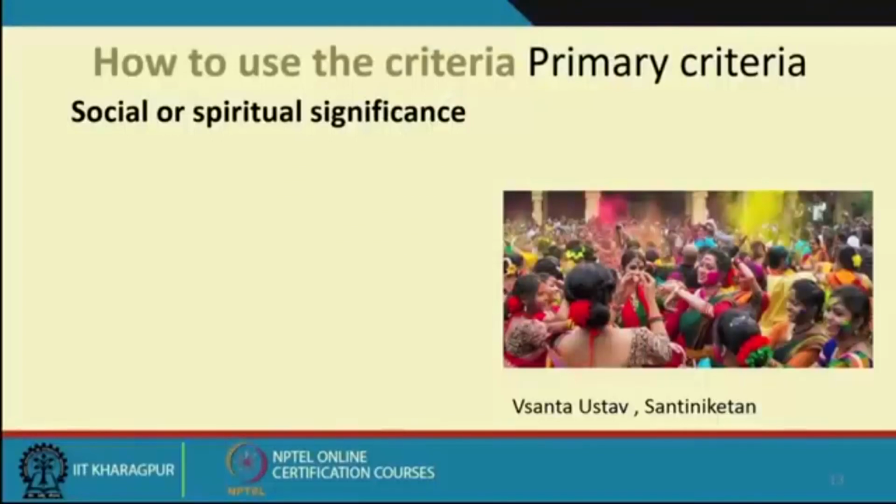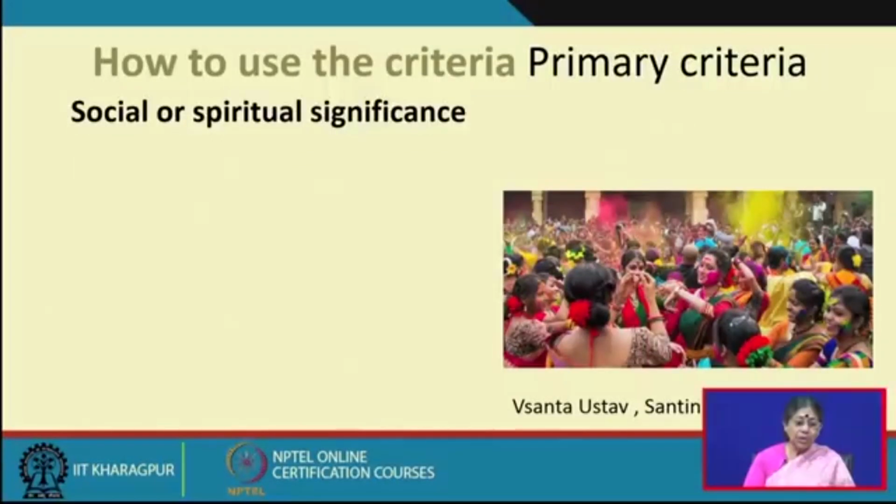We come to the next broad aspect, which is the social or the spiritual significance. I am going back to Shantiniketan because it is easier to relate the various objects. It is the Basant Utsav in Shantiniketan. They have all the religious festivals in Shantiniketan with nature. It is very important that it is a celebration of nature, through songs and dances and different rituals and other things, and everybody takes part in that.